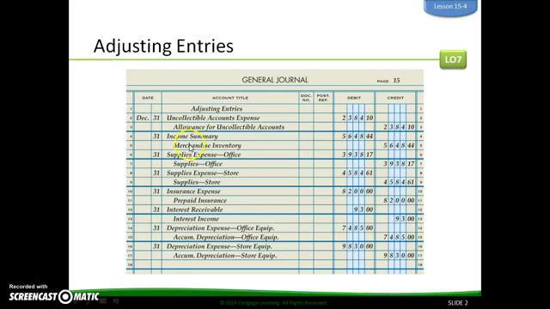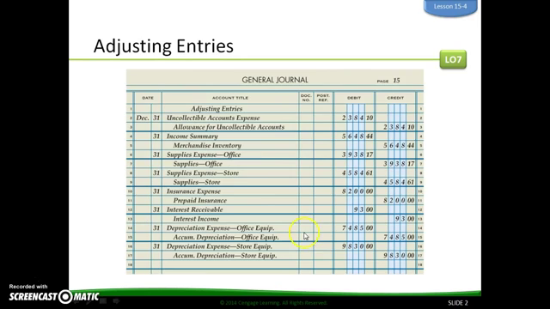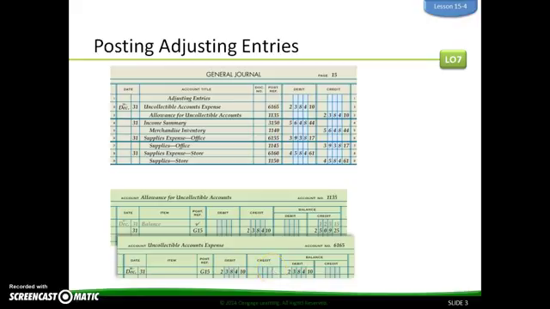And you'll see we have income summary, merchandise inventory, supplies expense for office, supplies expense for the store, and you can see we go down for interest, and then we're looking at depreciation.